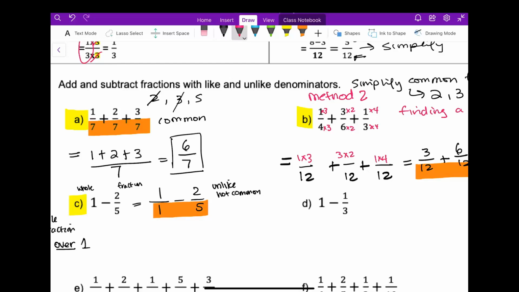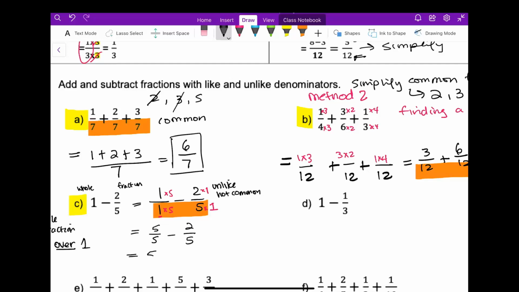What does method 1 tell me? To take the 5 and multiply the top and the bottom, the numerator and the denominator. And then I take my 1 from this fraction and I multiply it on the numerator and on the denominator. Equivalent fraction step here. So I have 5 over 5 minus 2 over 5. Remember, this is necessary, your equivalent fraction step.